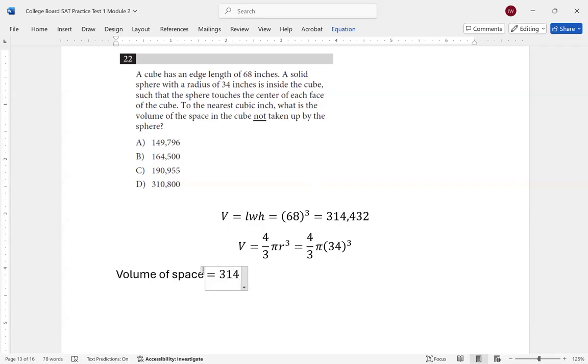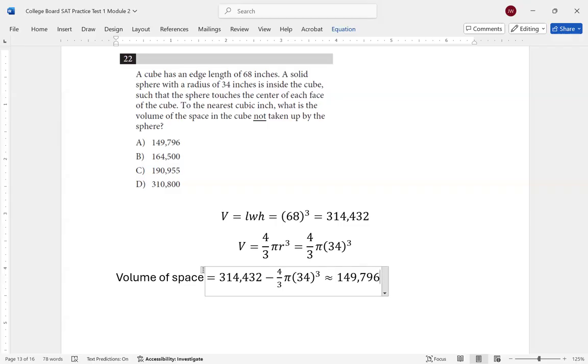So we take the 314,432, and I would subtract that 4/3 times pi times 34 raised to the third power. When you do that, you get an approximate value of 149,796.